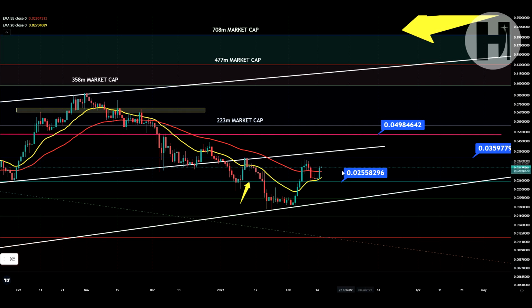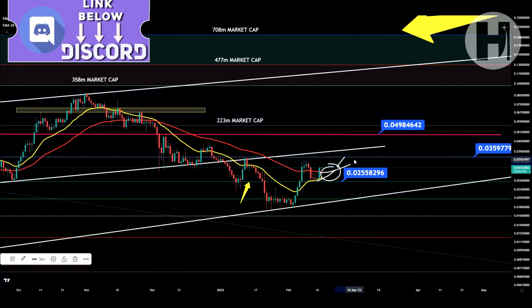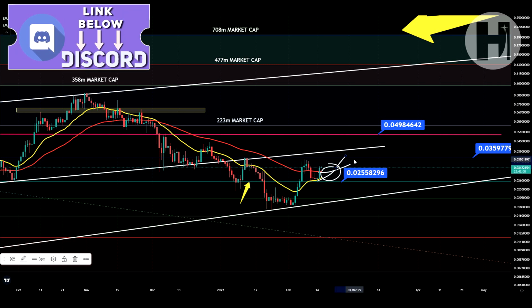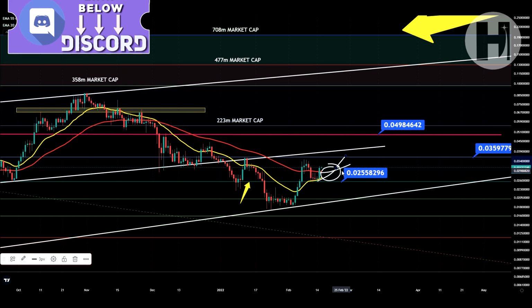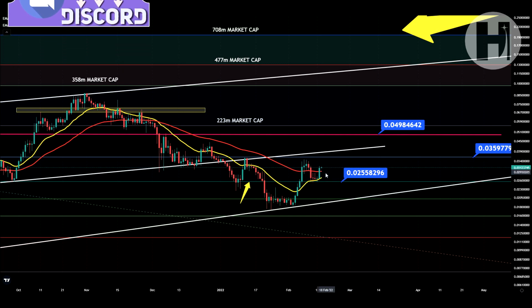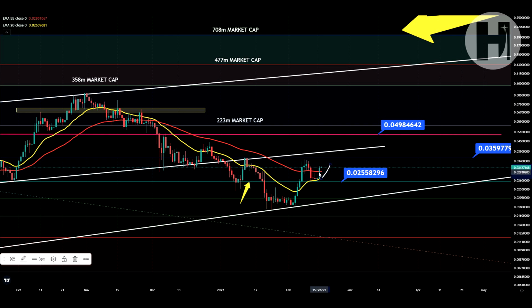And right now, what you need to look for is a bullish cross on the daily chart, which is looking like it's going to happen very soon, as well as for the Bitcoin chart. And that would basically be your confirmation of the uptrend. And this would basically be the confirmation that you're flipping bullish.